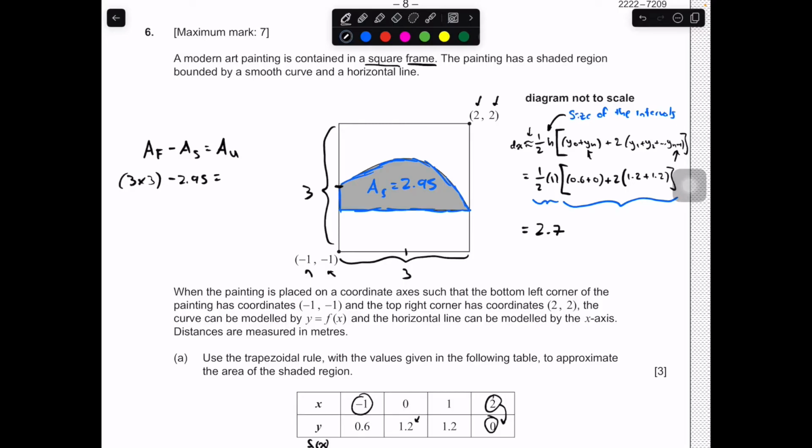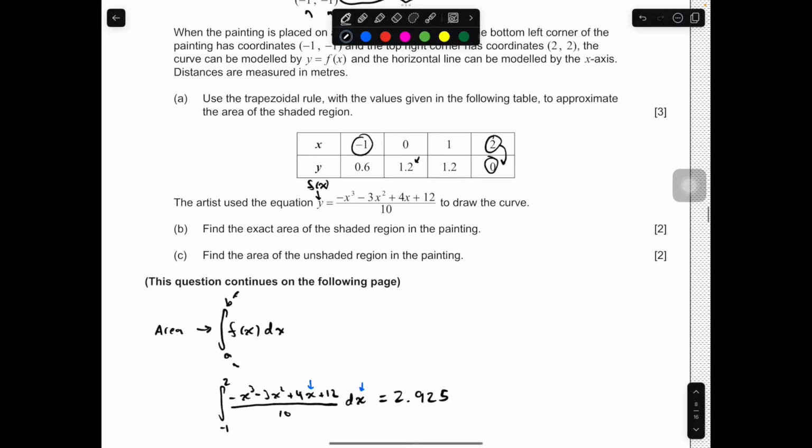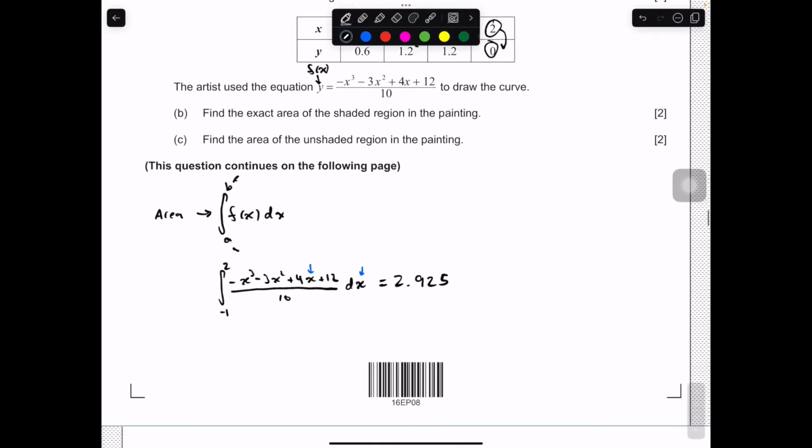And then by definition, what is not shaded is unshaded. And so let's have 3 by 3, 9 minus 2.95. This gives us an area unshaded, and area unshaded is equal to 6.05. You could just write 6.05 here, and that would be fine as well. Okay, not too bad.